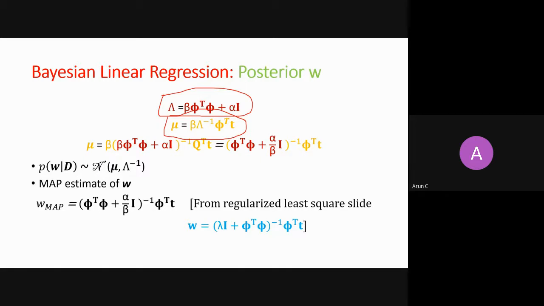If I simplify my mean, I can write it this way, with the covariance matrix plugged in. Once I simplify it, I get phi transpose phi plus lambda by beta I, inverse, times phi transpose t.